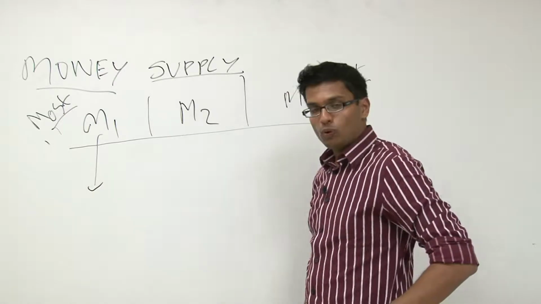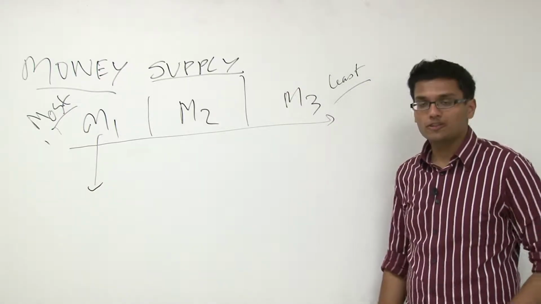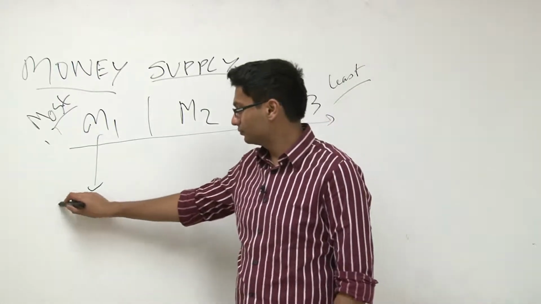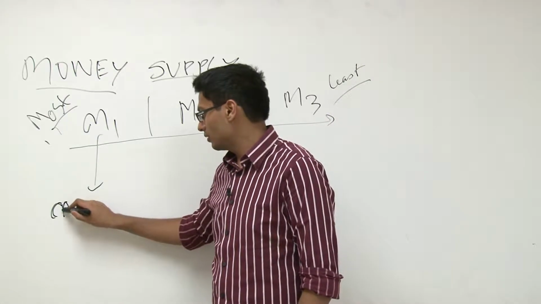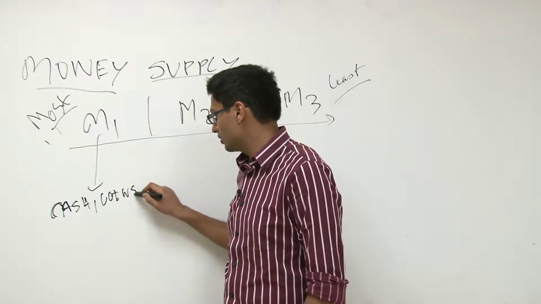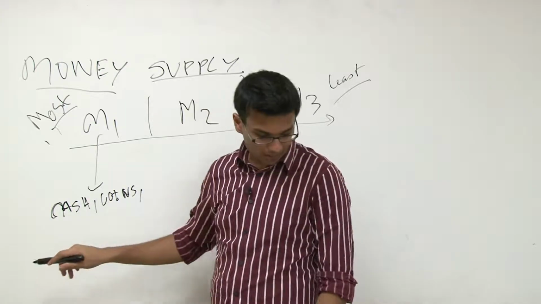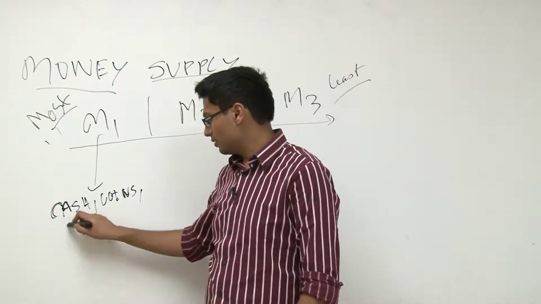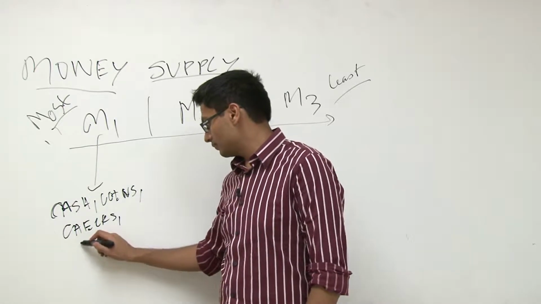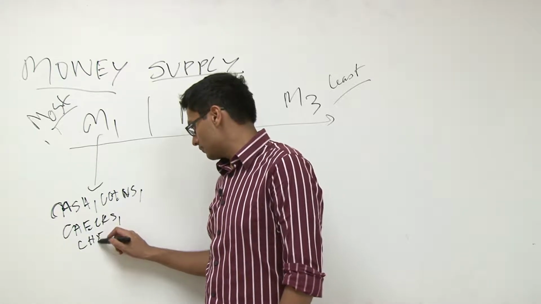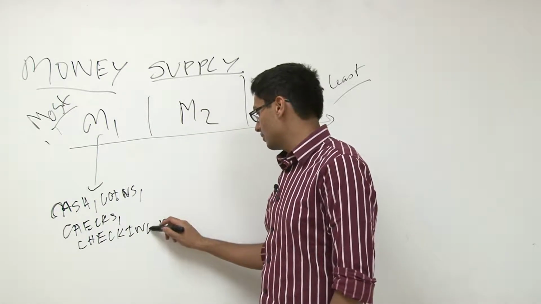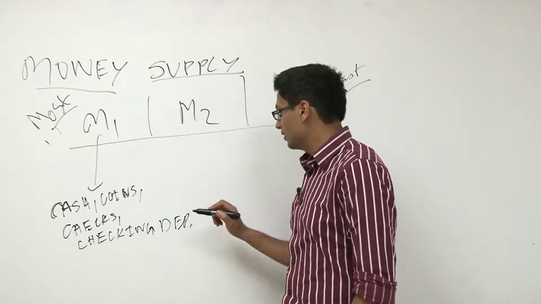M1, obviously the most readily available and the most liquid, holds cash, coins, checks, and checking deposits. All right. What about M2?